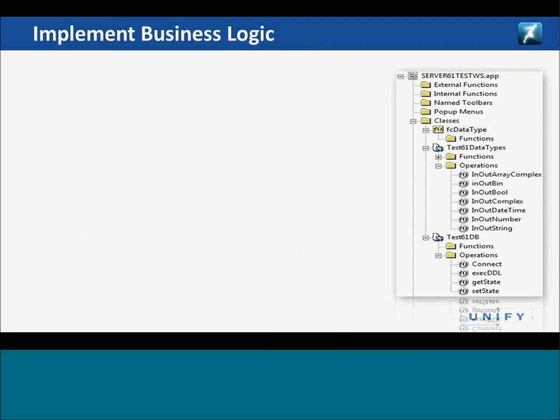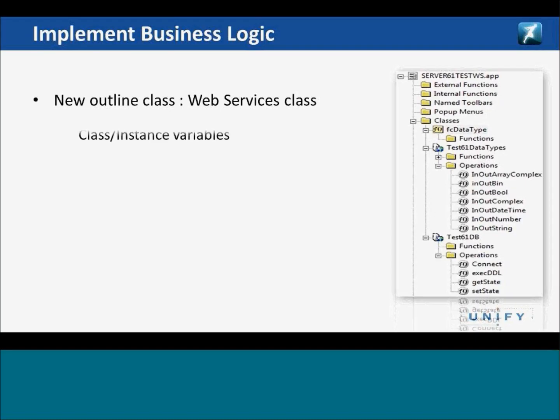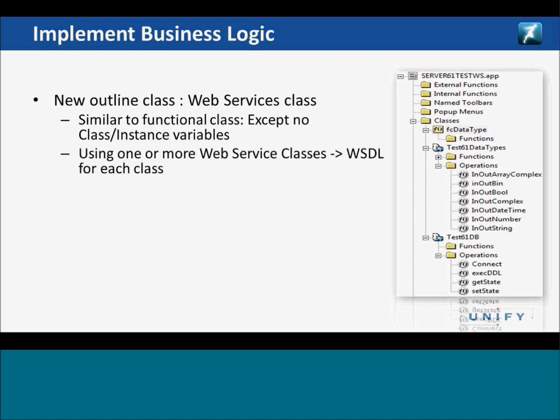So how do you implement business logic with TD 6.1 web services? There's a new outline class called a web services class, similar to a functional class, except no class and instance variables are present and can be used. You can have one or more web service classes.